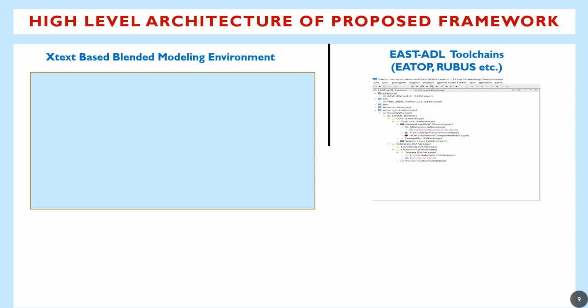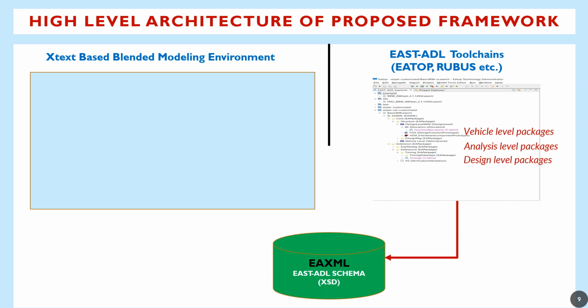To achieve these requirements, an XText-based blended modeling environment is proposed here. On the right-hand side, you can see different eSTDL toolchains like EATOP, Robust, etc. The system model can be developed using different eSTDL packages like vehicle level packages, analysis level, design level, requirements, and so on. This system model is eventually available in eXML format.